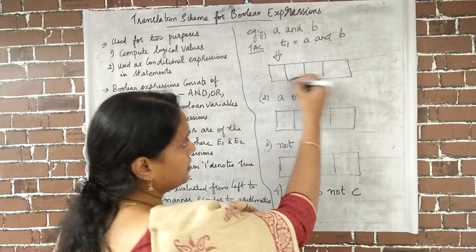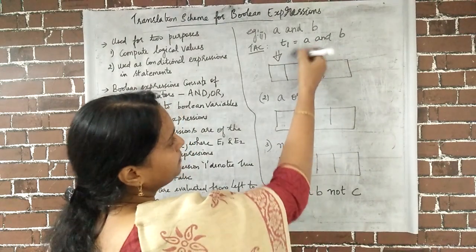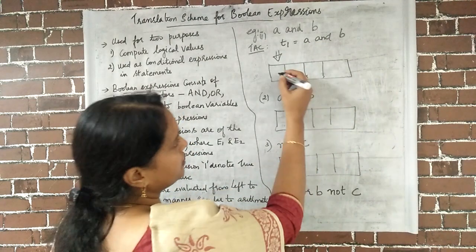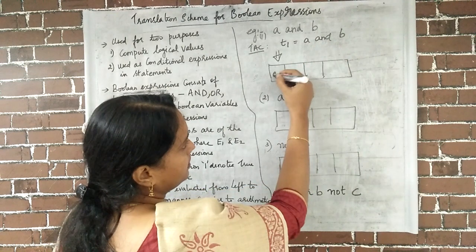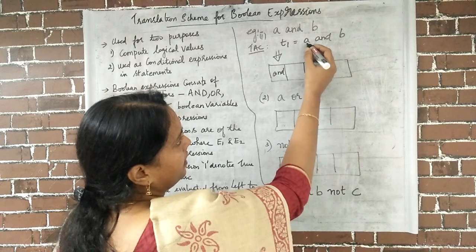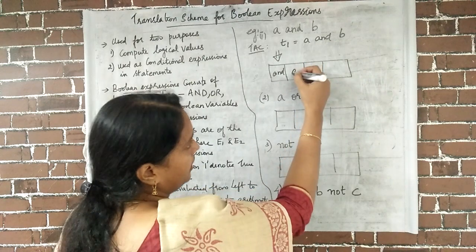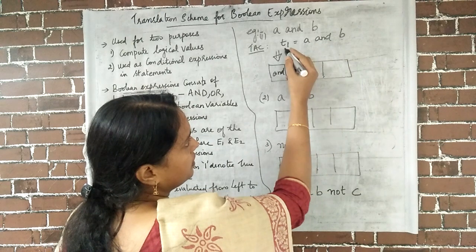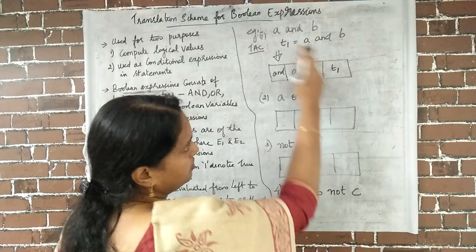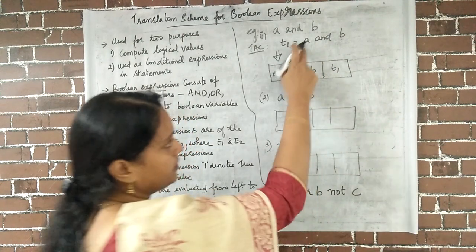A quadruple has 4 fields. The operator is and, the first operand is A, the second operand is B, and the result is stored in the temporary variable T1. This is the quadruple representation of this three-address code.